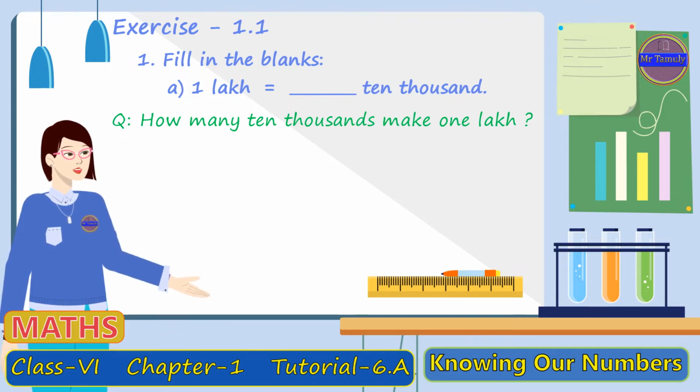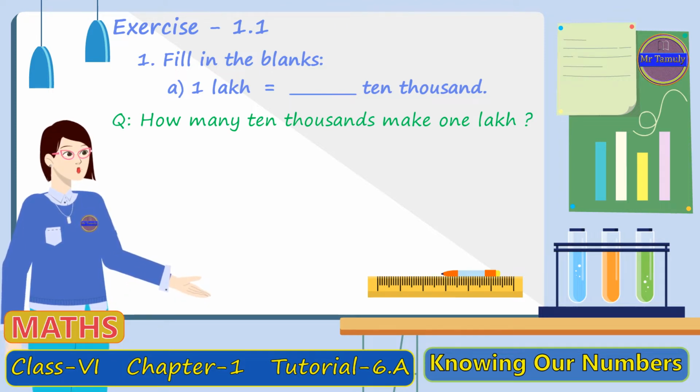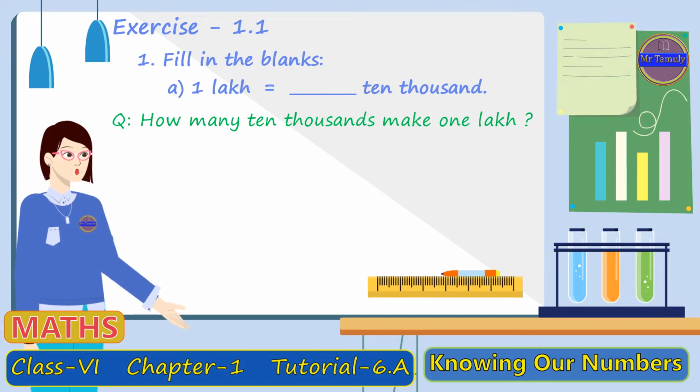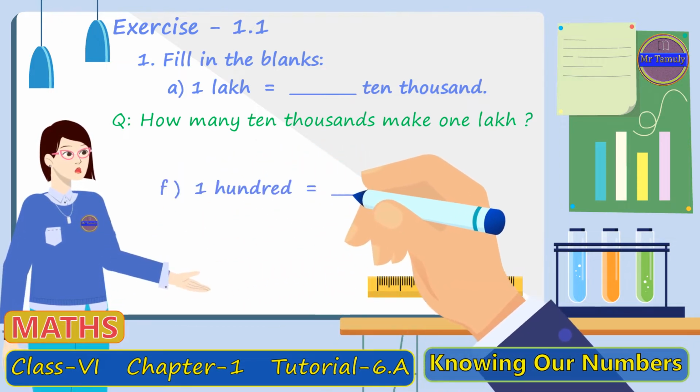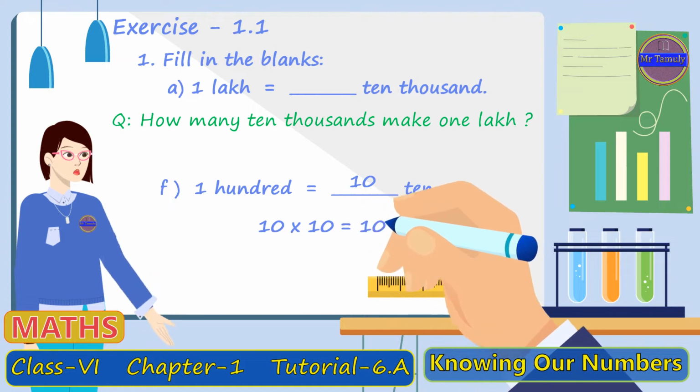If you are attempting such questions for the first time, you will find it difficult to work out the answer in your mind. If I ask you how many 10s make 100, you would certainly be able to work this out quite easily in your mind that 10 10s make 100. You are able to do so, probably because you know by heart that 10 10s are 100.